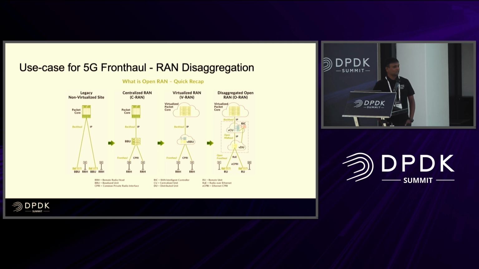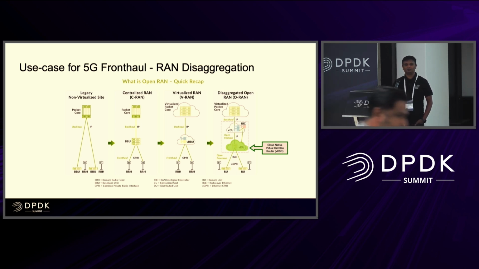So now, let's take the case of the front haul. In case of a physical DU, there needed to be a physical cell site router to provide the transport network, but 5G had the option of virtualizing the DU, so there need not be any physical cell site router here. Instead, there can be a virtual cell site router.